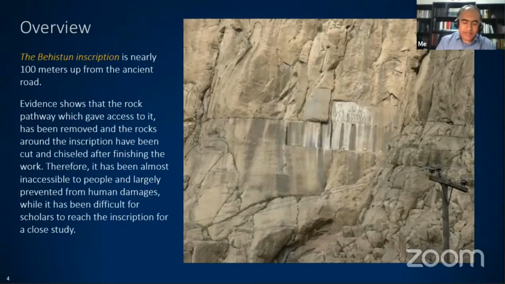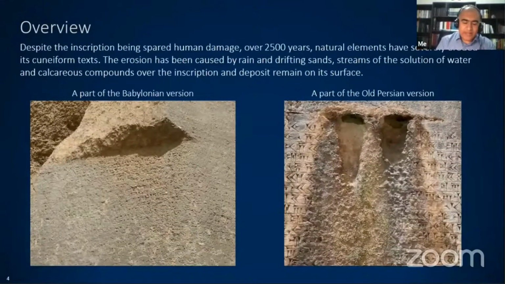Over the centuries, natural elements clearly eroded its cuneiform text. Generally, the erosion has been caused by rain and drifting sands, and streams consisting of water in solution with calcareous compounds having flowed over the inscription, with deposits remaining on the surface.